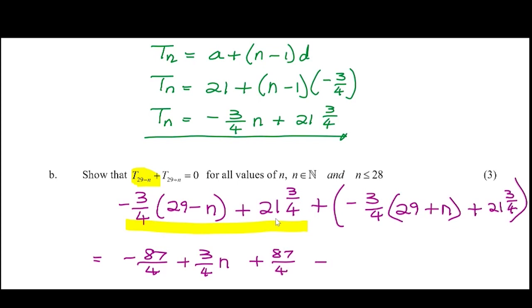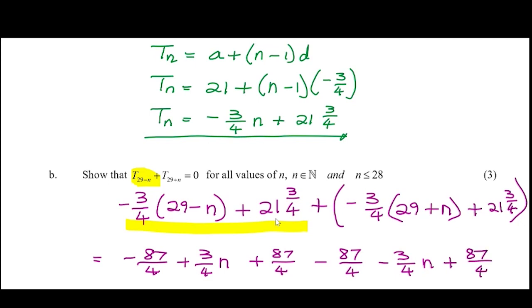And this one too: minus 87 over 4, minus 3/4 of n, and plus 87 over 4.